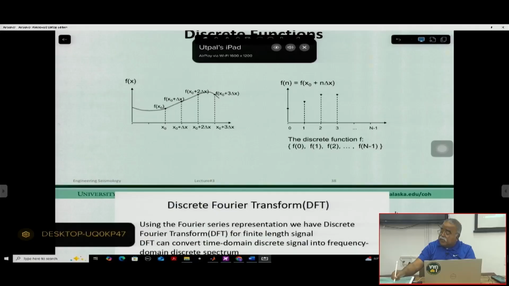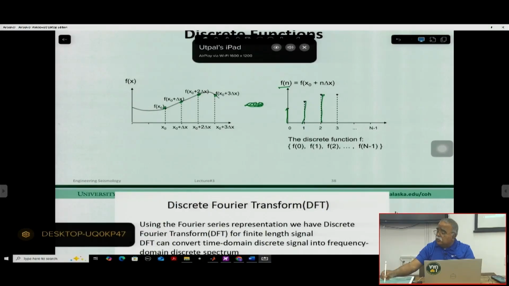Okay, so we know that if we have a signal and that signal has been sampled at different places, at different times in the time domain, then ultimately we are getting discrete values like these, right?